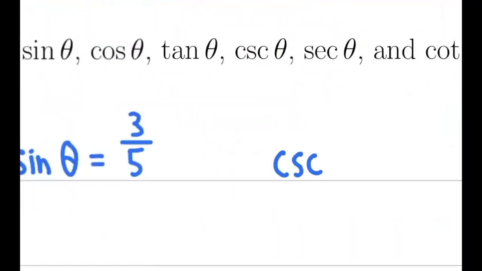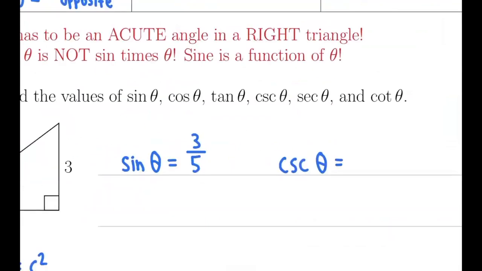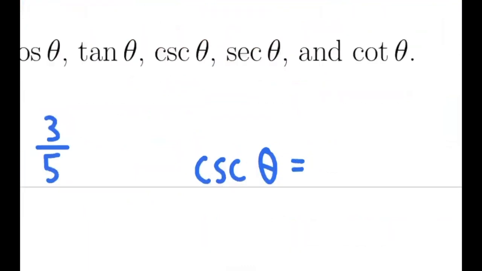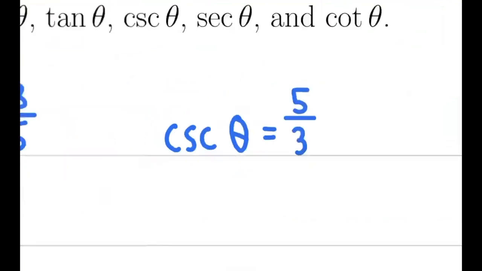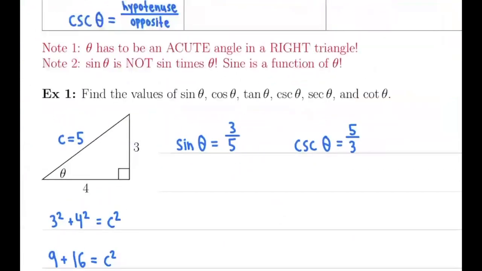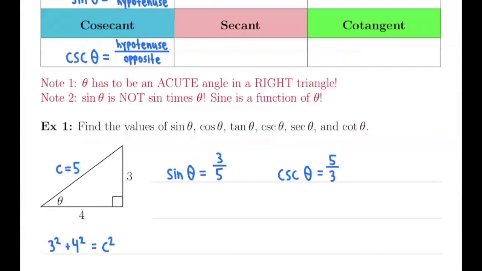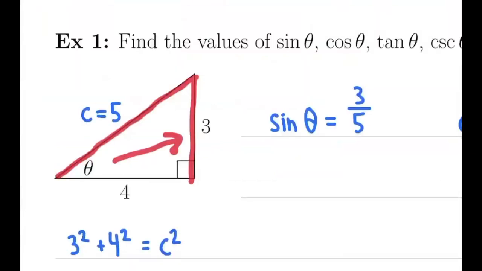So if sine of theta is 3 over 5, what does that make cosecant of theta? The reciprocal of that, which makes it 3 over 5 flipped. Exactly, it would be 5 over 3. And you can literally check that. You can see hypotenuse over the length of the opposite leg.